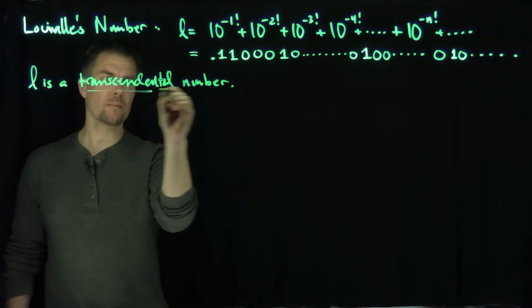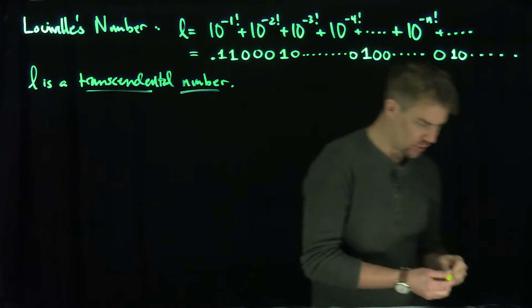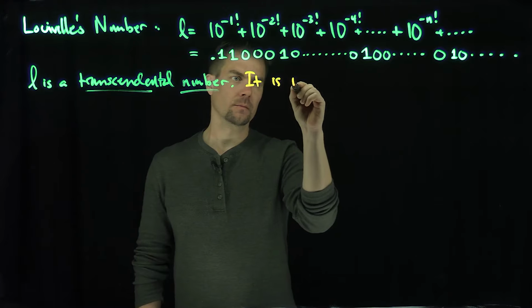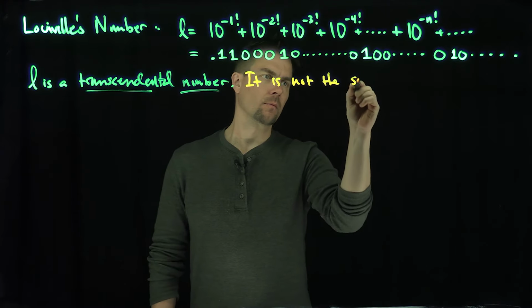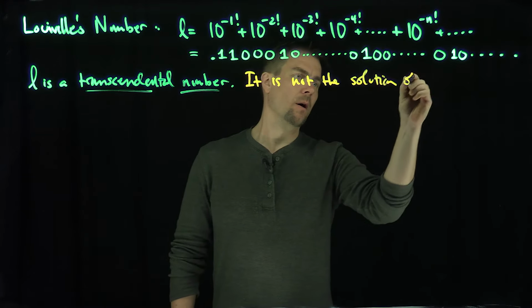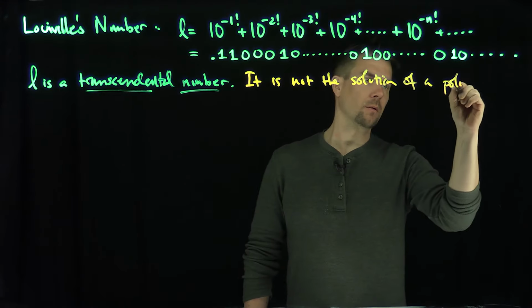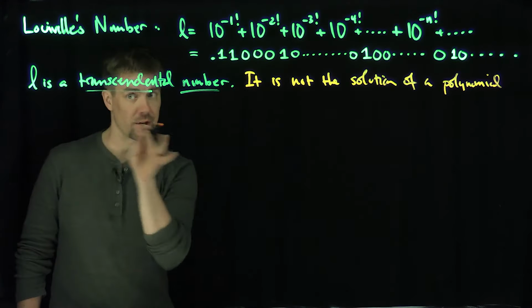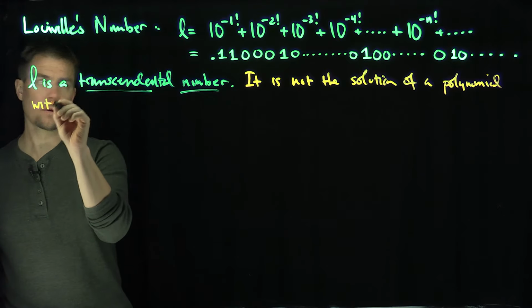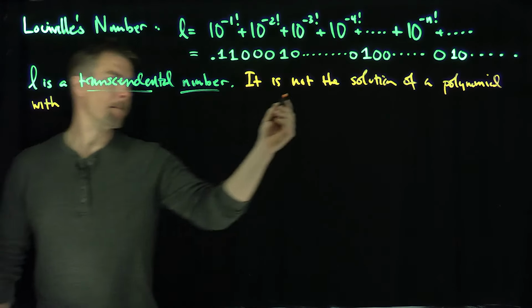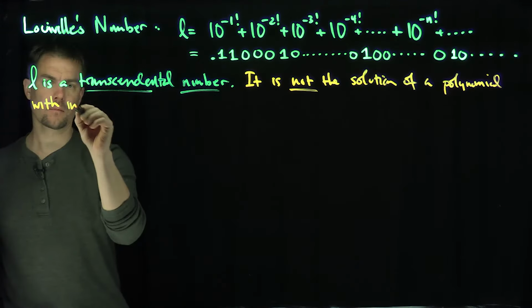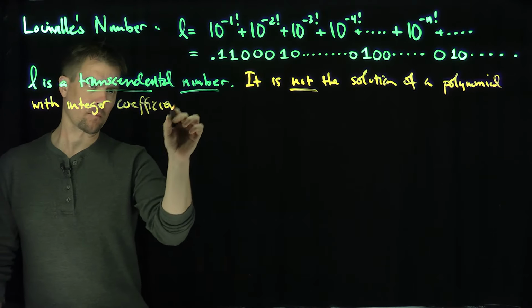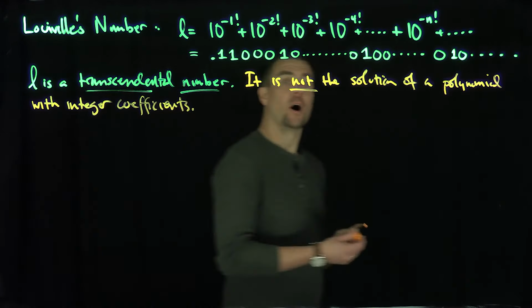In other words, there's no polynomial equation with integer coefficients that it solves. All right, so let's prove this.